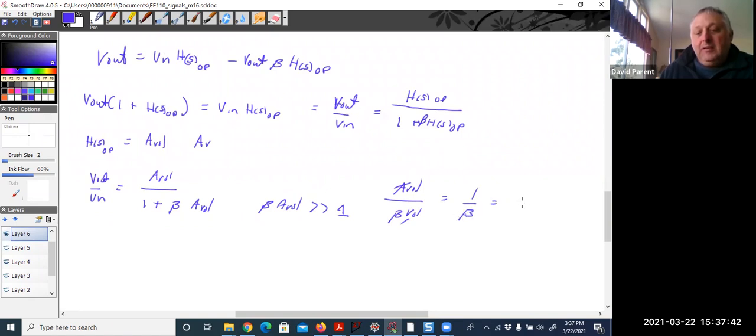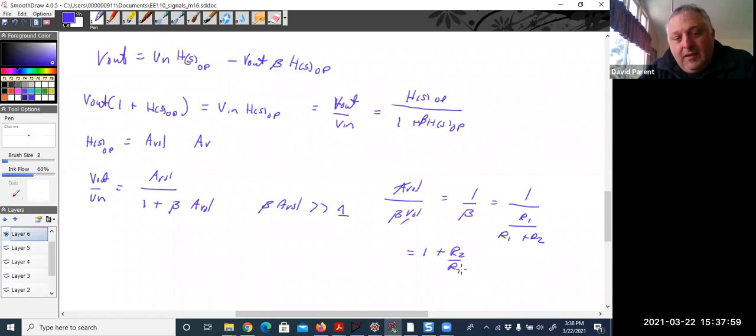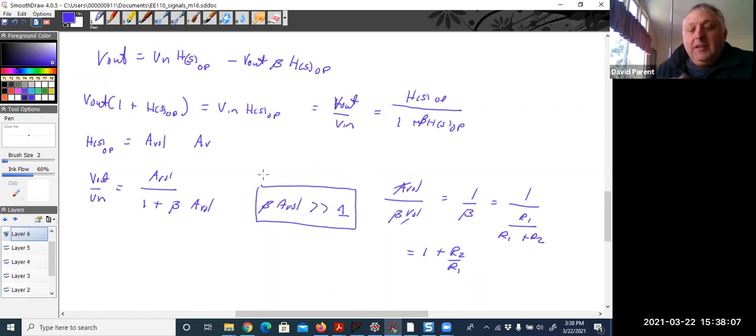I have 1 over beta, which is 1 over R1 over R1 plus R2, which ultimately gives us 1 plus R2 over R1, our non-inverting gain. All right. So here is the relationship, right, that tells us what has to occur to make this appear as if it were ideal.